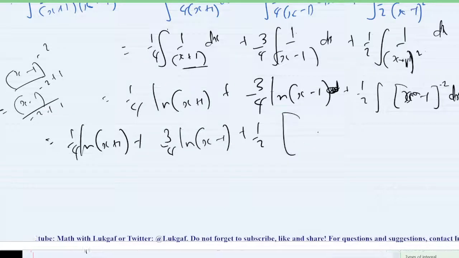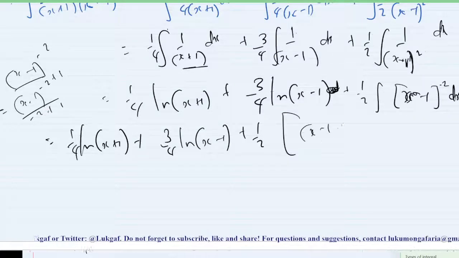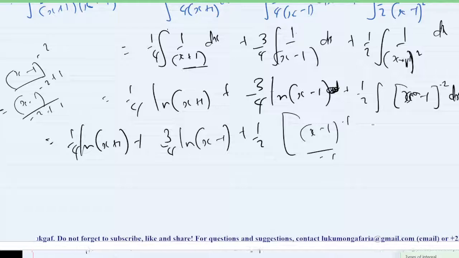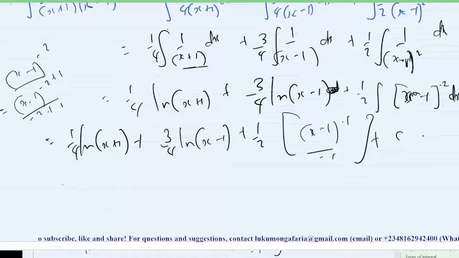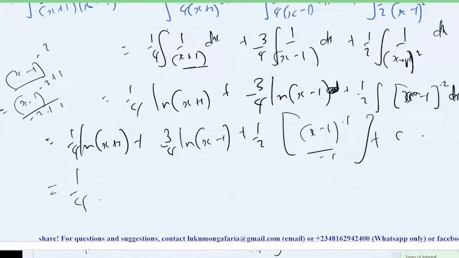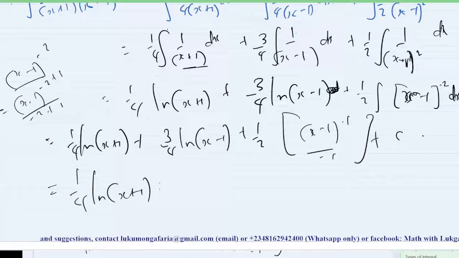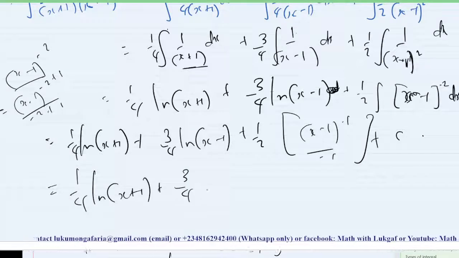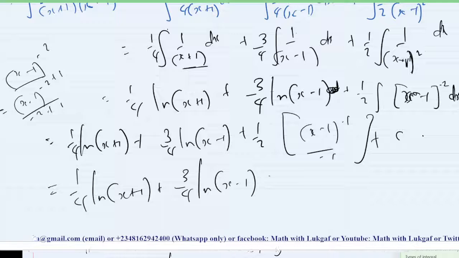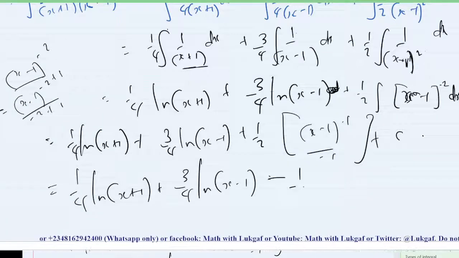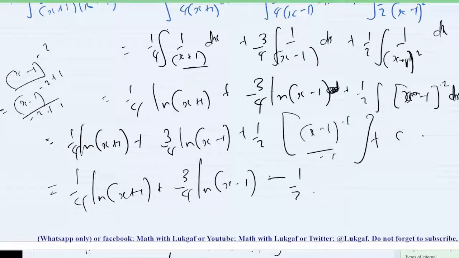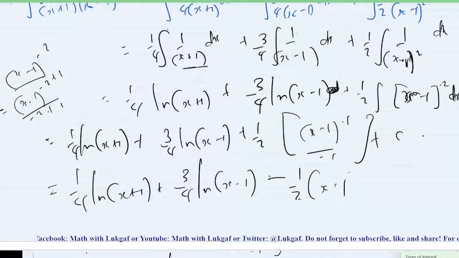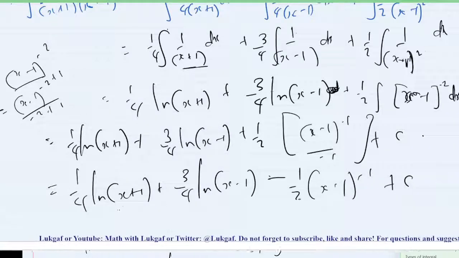So then you are going to have (x minus 1) raised to minus 1 divided by minus 1 plus c. Then you are going to have 1 over 4 ln of x plus 1 plus 3 over 4 ln of x minus 1 minus half, (x minus 1) raised to minus 1, plus c.